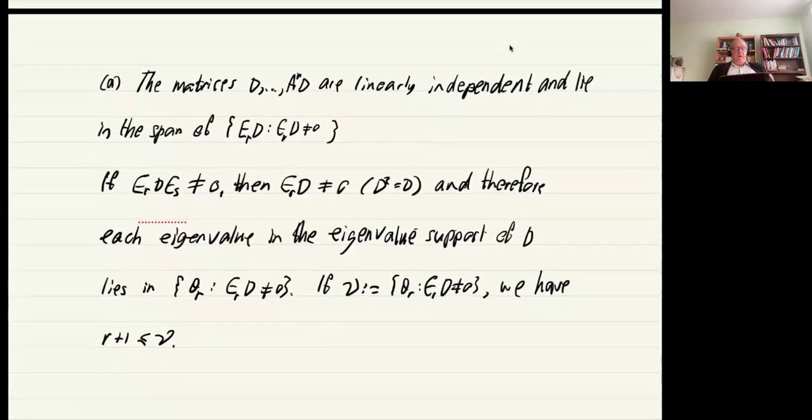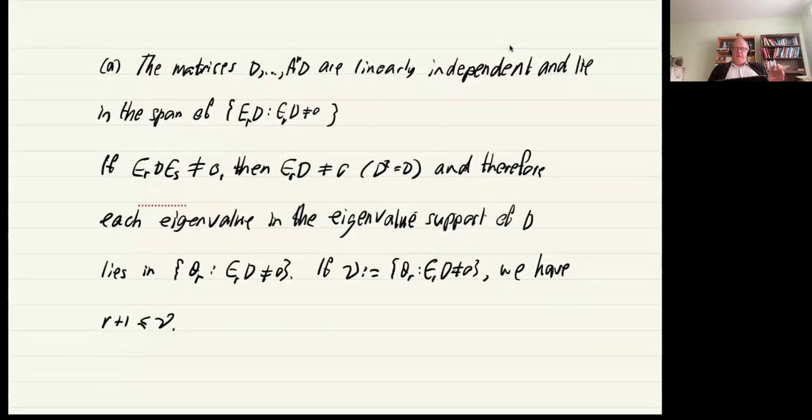Now, this part of the proof is very similar to what we saw before with the diameter versus number of distinct eigenvalues bound. The next claim is that these matrices are linearly independent. Now, D is diagonal 0, 1.